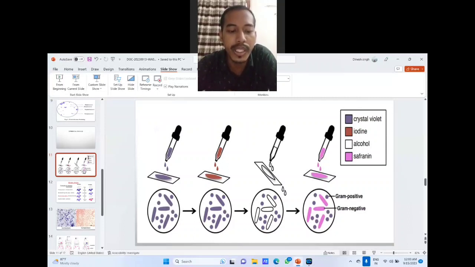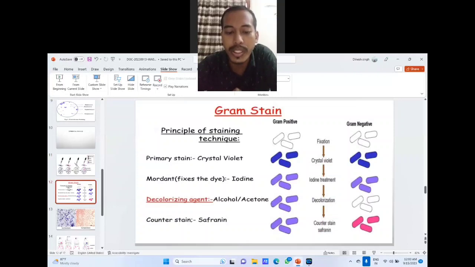Gram positive bacteria have a thick peptidoglycan layer, and gram negative bacteria have a thin peptidoglycan layer. In this picture you can see we use crystal violet as the primary stain, which will stain both gram positive and gram negative bacteria.